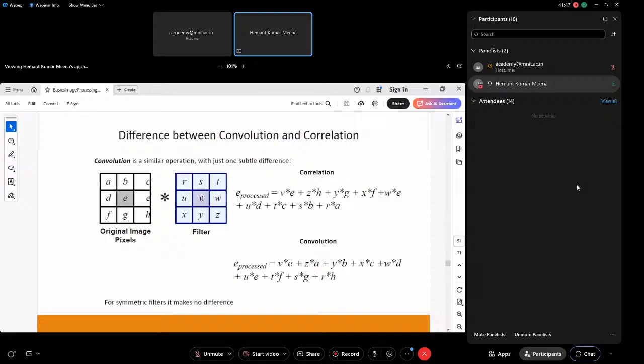V will remain the same, but W will come in place of the first one. First it will flip, Y will come in place of S, and then it will be flipped vertically. So W will come here. That's why V cross E remains the same, but Z cross A: Z has come here, because first we have flipped it around the middle one.